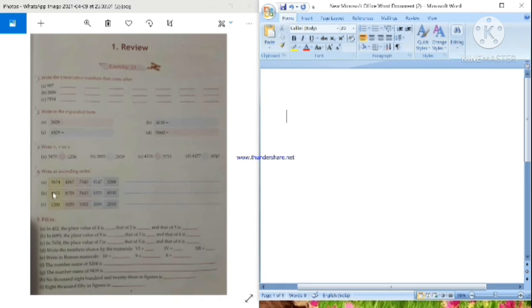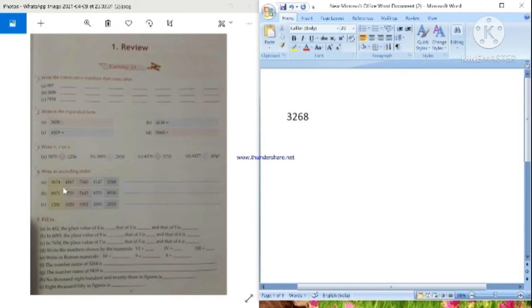So in this the smallest one is 3268, because 3 is the smallest in all these. Now we will remove this one and we will check in these 4.